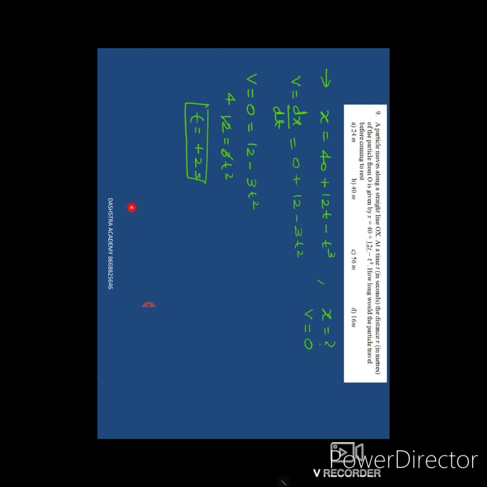So at 2 seconds my velocity is becoming 0. Now if I put this value of t in the given equation, I will get the value of x. So x will be equal to 40 plus 24 minus 8, so x is 56 meter. So when the particle travels a distance of 56 meter, it will come to rest, right?